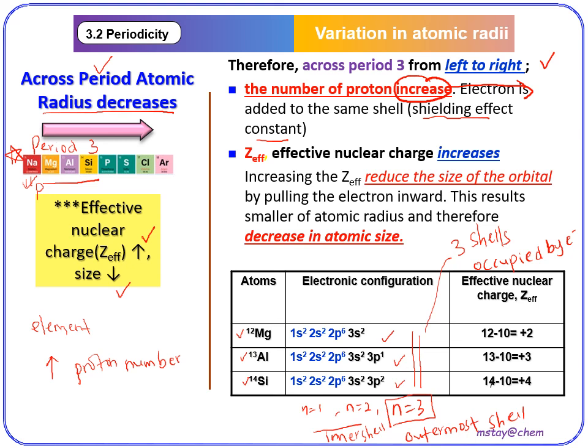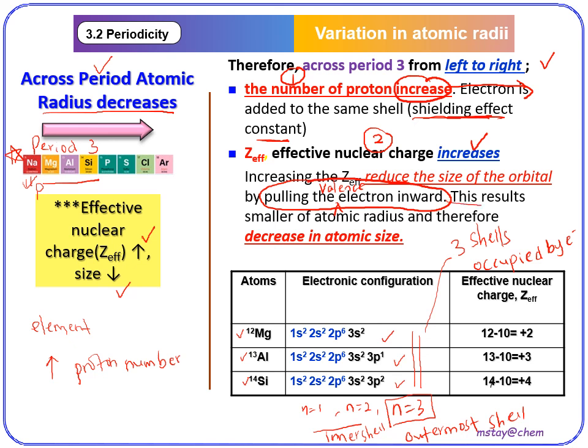Because of this, the effective nuclear charge will also increase, because the proton number increases and the shielding effect is constant. Once the effective nuclear charge is increased, the valence electron will be pulled inwards.